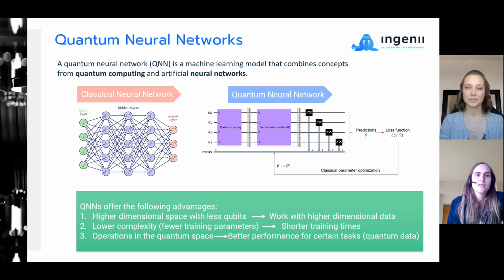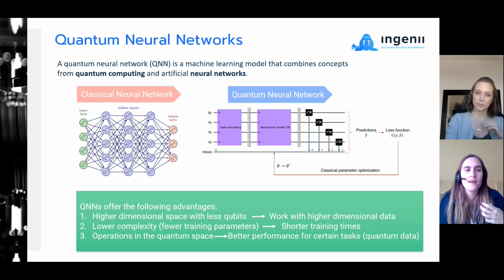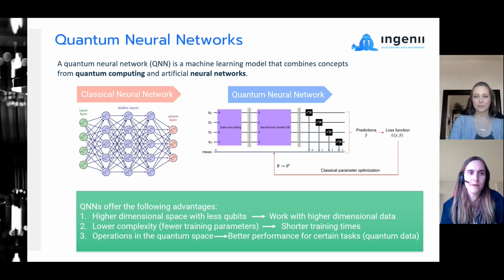So quantum neural networks are machine learning models that combine the concepts of quantum computing and artificial neural networks. Here on the left, you see a picture of a standard classical neural network. You can see that there are three types of layers.